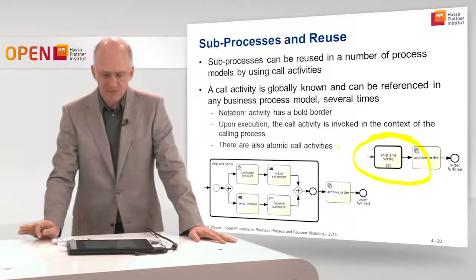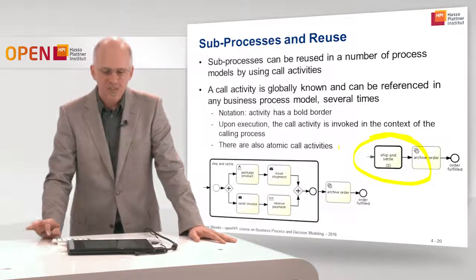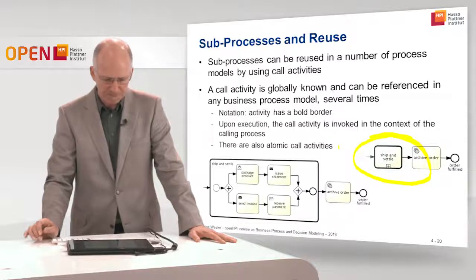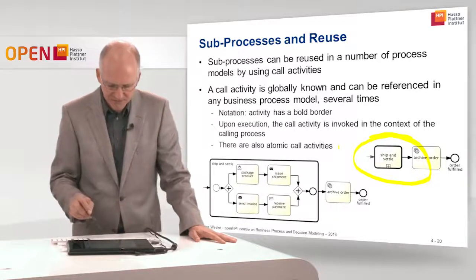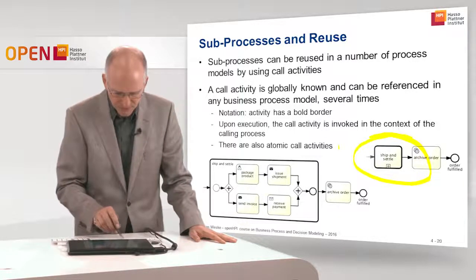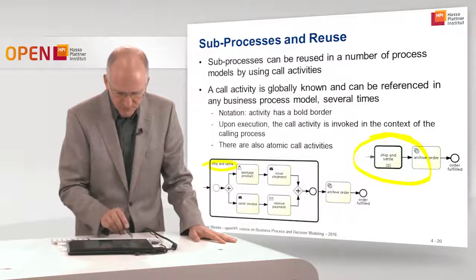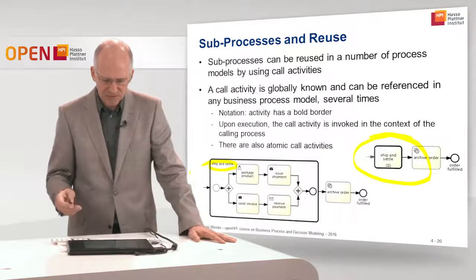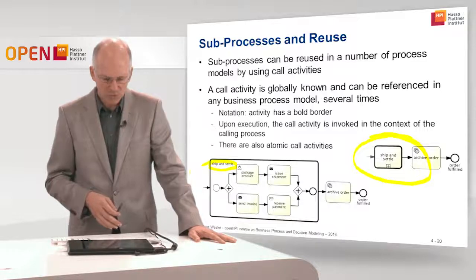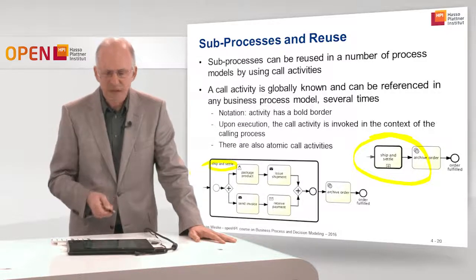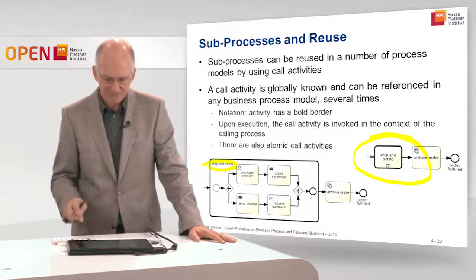That is basically a reference to the point where it is defined, and it can be defined in another process model. Here we have the same name, ship and settle, and also here it's used with the bold border, and then you see it is defined here and used in other places.